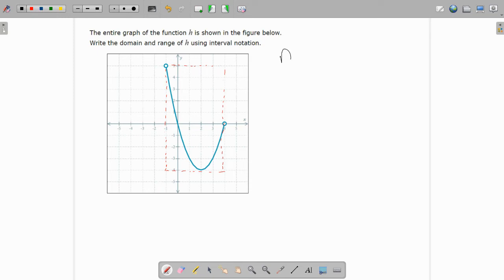Just like before, the domain is left to right, an open circle. So we're at -1, and we start with a parenthesis, -1. We go all the way to the right, 1, 2, 3. It looks like it's 4, but there's an open circle, so we use a parenthesis.